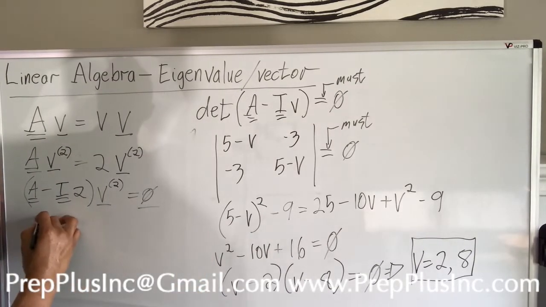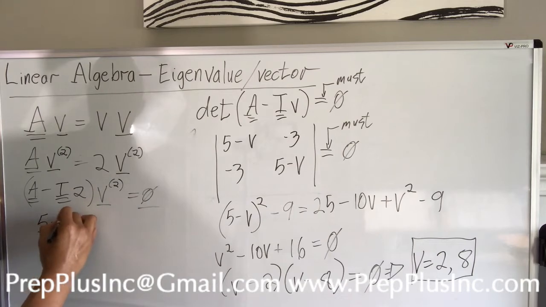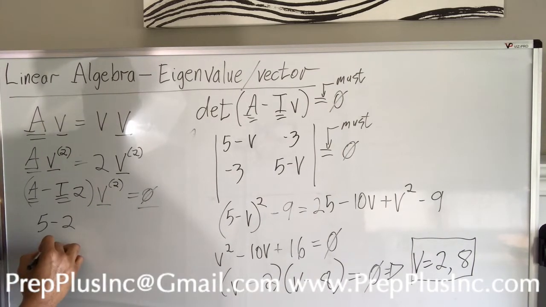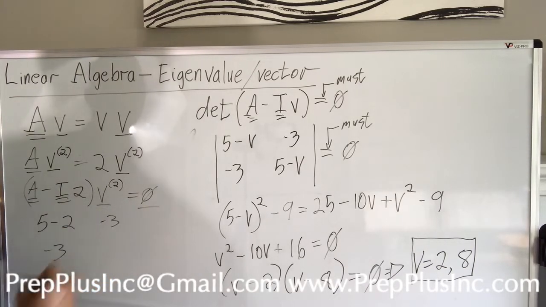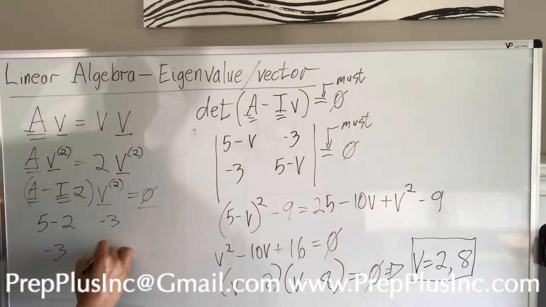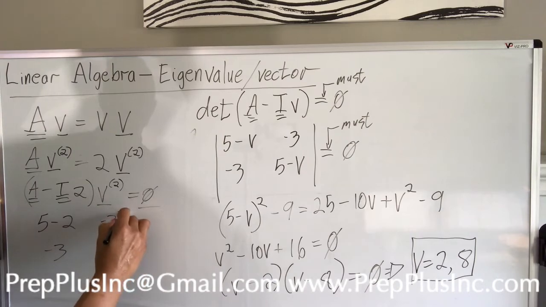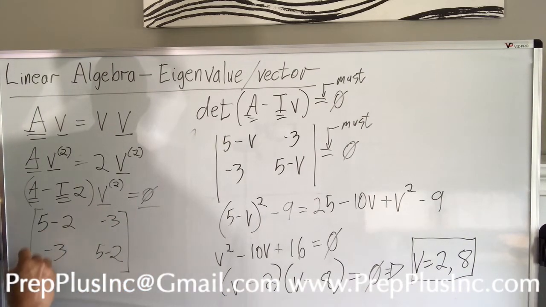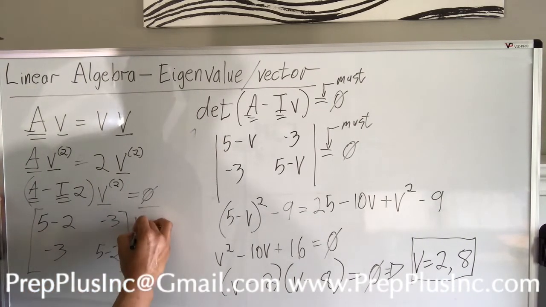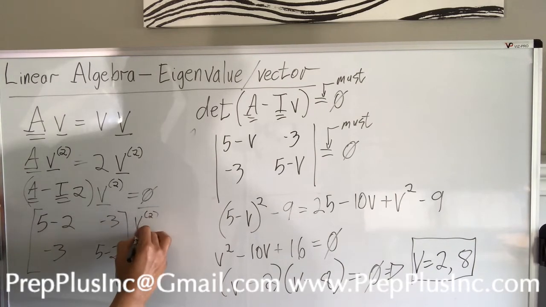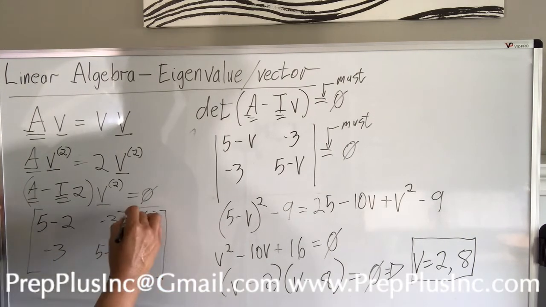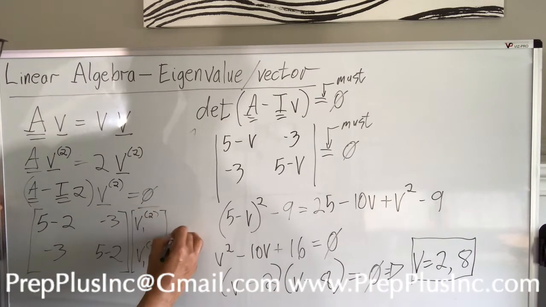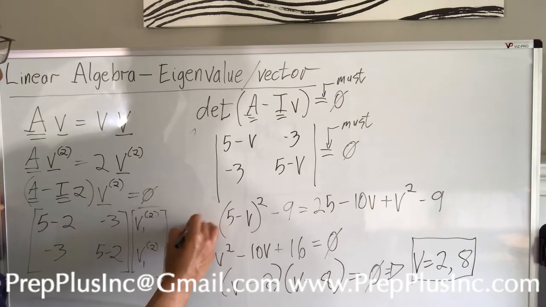So this is 5 minus 2, minus 3, minus 3, 5 minus 2, so the first component, and then the second component, this is 0, 0.